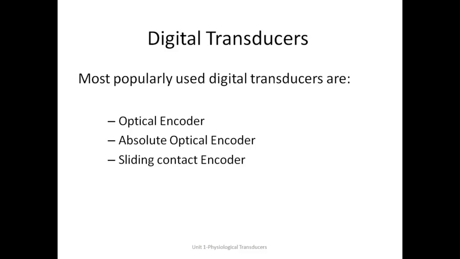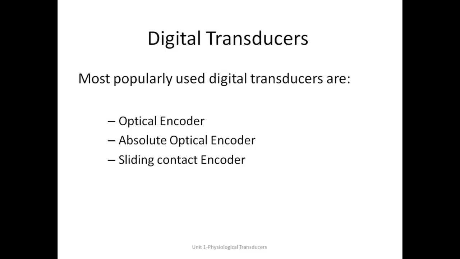This is because it is the simplest to use, very easy to understand, and very easy to implant into any device. Almost all the popular devices that you see today have some type of encoder included in the circuit, which gives you a digital output.